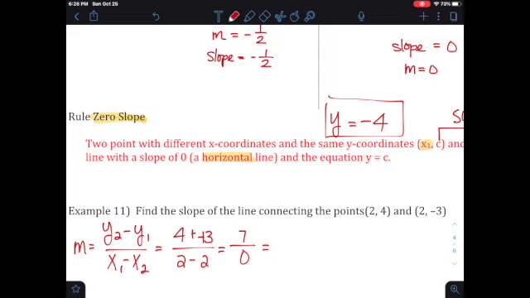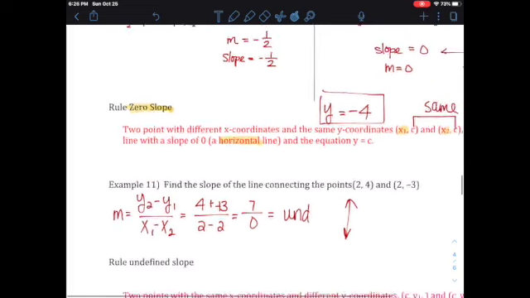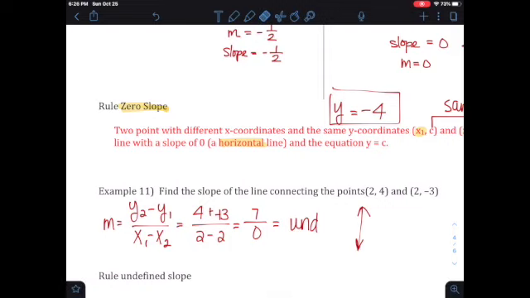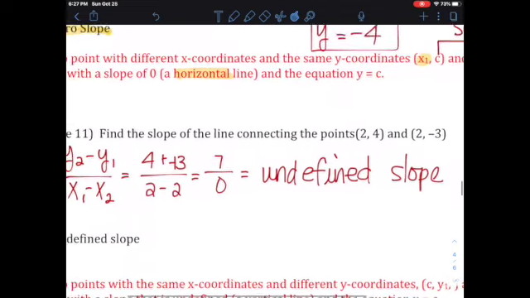Simplify this thing until the very end and tell me this is an undefined slope, and that means the line goes up and down.